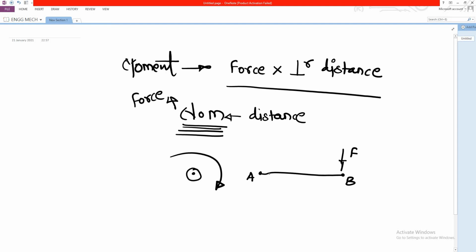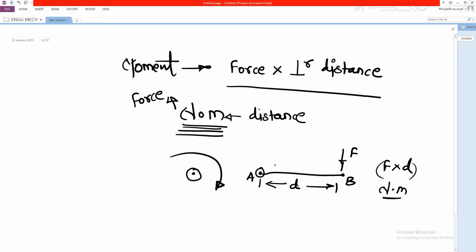If this force F is at a distance, let's say small d from point B, or let's say the span of segment AB is d, then the moment with respect to this point will be F into d. Obviously the force will be expressed in Newton, or kilonewton, and the distance will be in meter, or centimeter. That's why the unit will be F into d Newton meter.